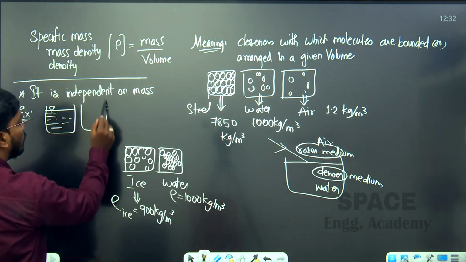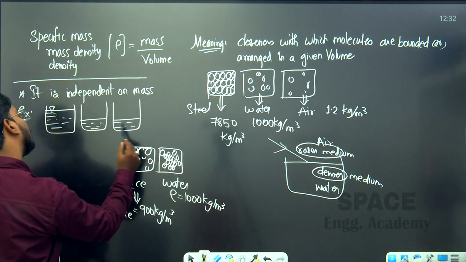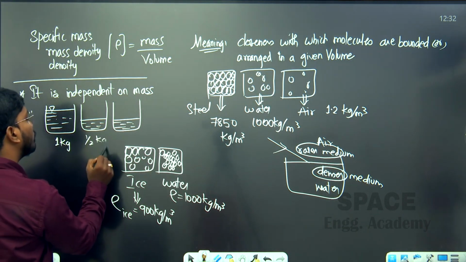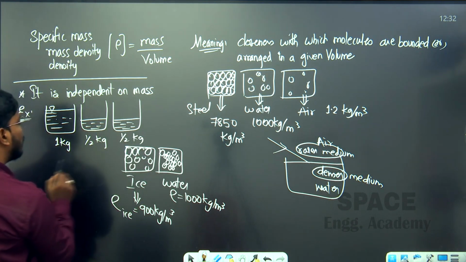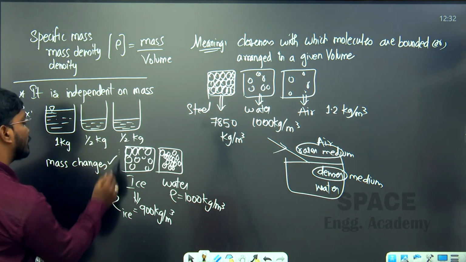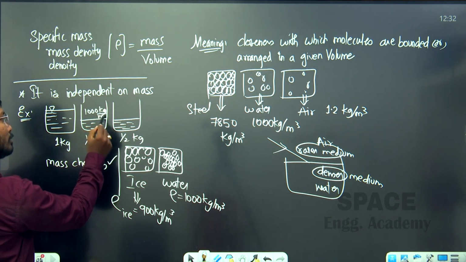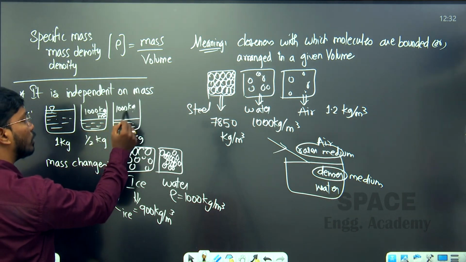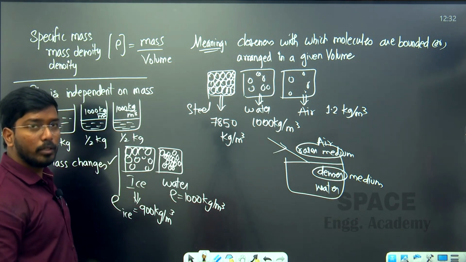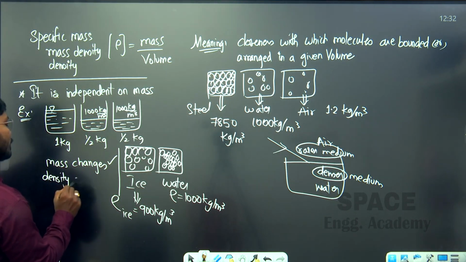If I am going to take this water into two different containers and make it half, okay, suppose this is 1 kg, now it is half kg. Mass is changing, yes, mass changes, yes, but does density change? Here density is how much? 1000 kg per meter cube. What is the density of water here? 1000 kg per meter cube only. That is, per meter cube the value is always 1000. It is never going to change. Mass changes, density does not change.